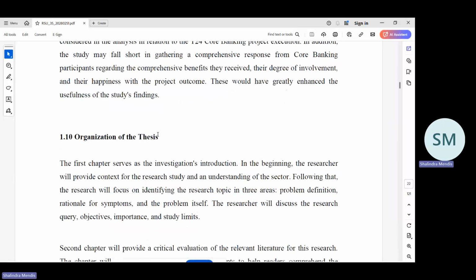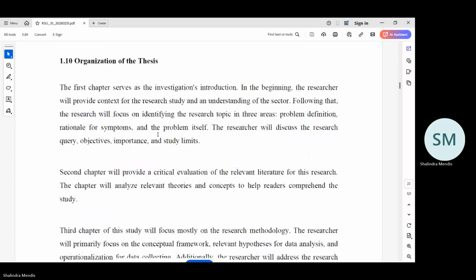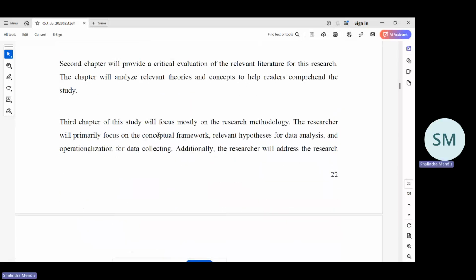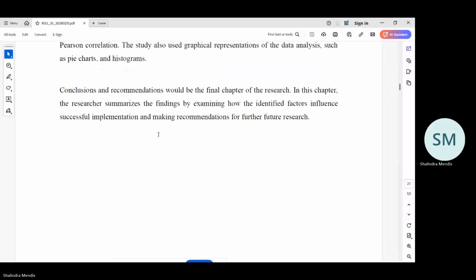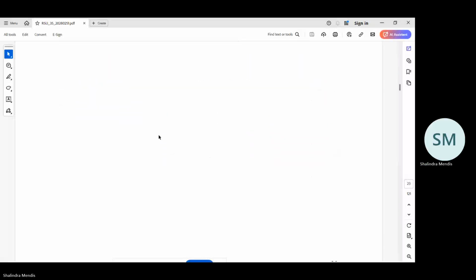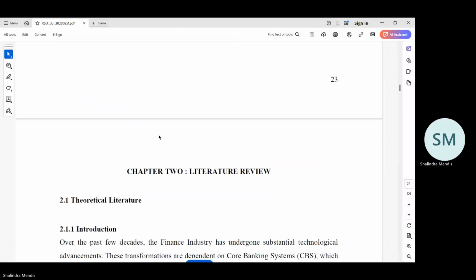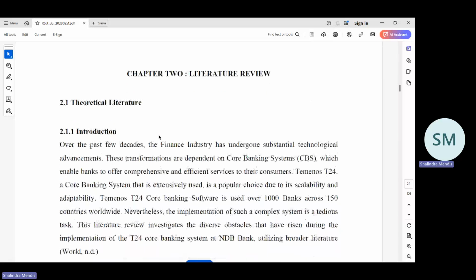Both are the same. Chapter 2 is the literature review.